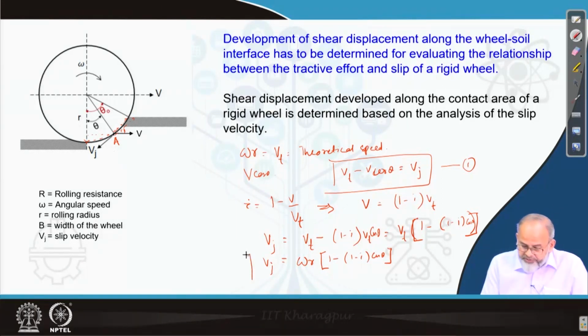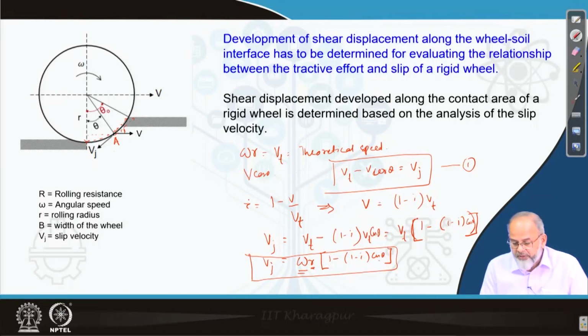If you look at this equation now, the slip velocity is a function of angular speed, rolling radius, angle theta, and slip. That means for a given wheel and given operating condition, where the angular speed is given, the slip velocity is a function of theta and slip.